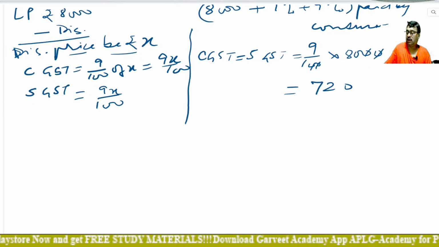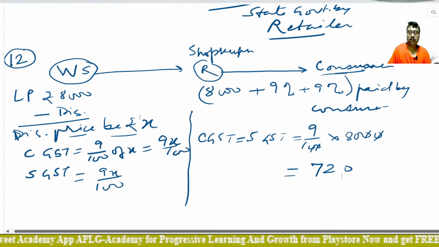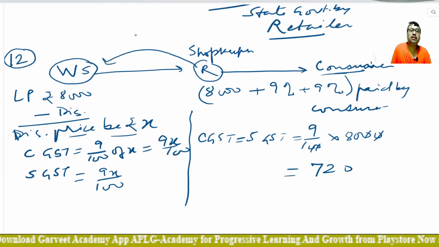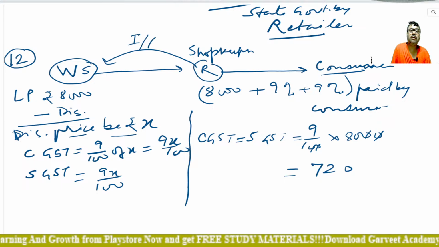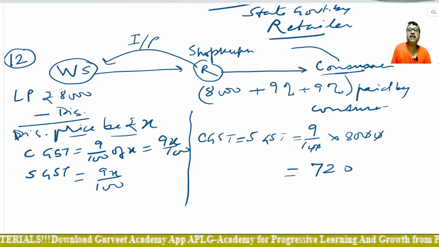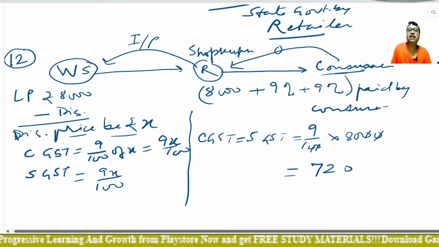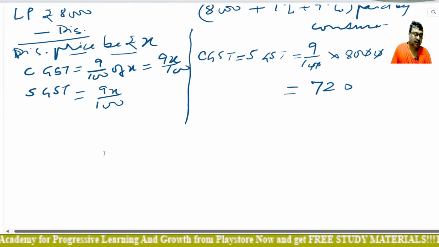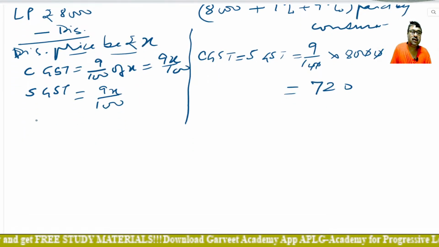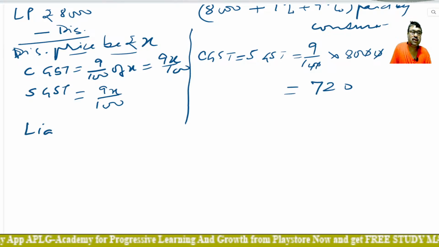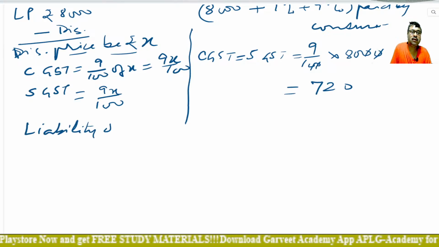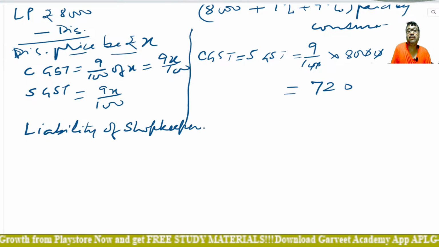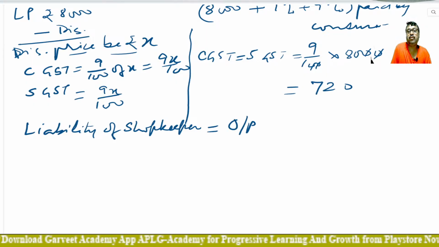So whatever tax the retailer, the shopkeeper, paid to the wholesaler was his input, and whatever tax paid by the consumer to the retailer is output, and the liability of the shopkeeper or retailer, whatever given in the question, will be his output minus input.